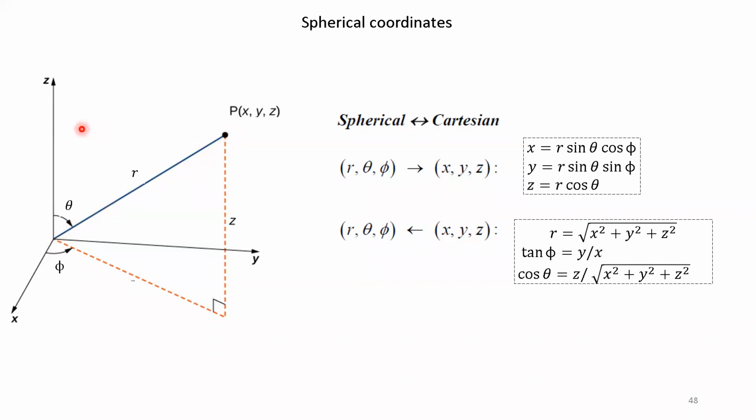The second variable is the so-called polar angle theta, the angle between this blue line and the z-axis.